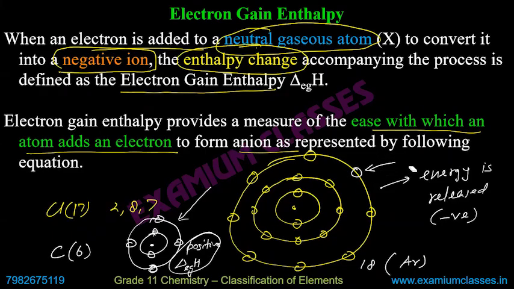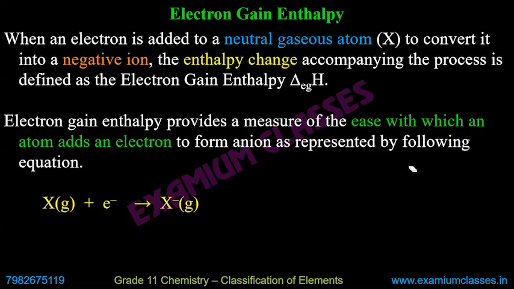So first electron gain enthalpy will be negative for halogens. Overall electron gain enthalpy might be negative for chalcogens as well, because when they gain 2 electrons, they get noble gas configuration: oxygen, sulfur, selenium, tellurium, polonium. All these are chalcogens.